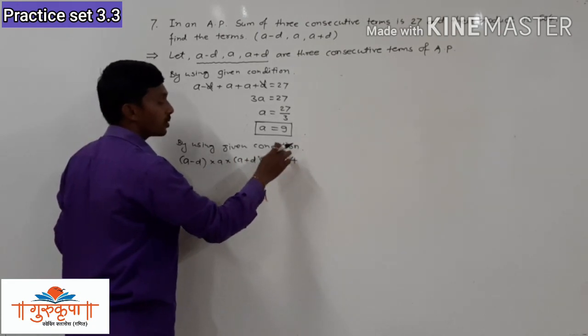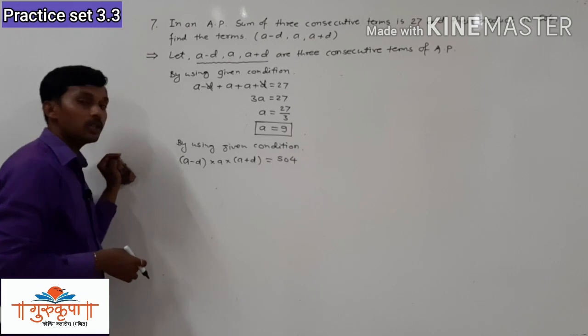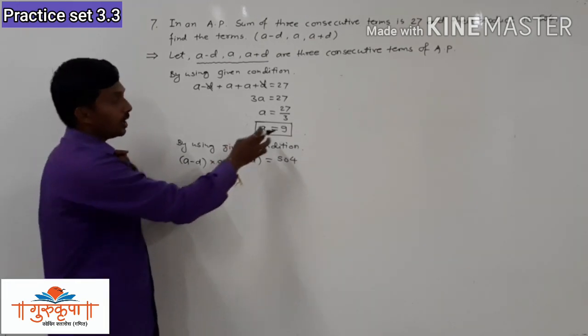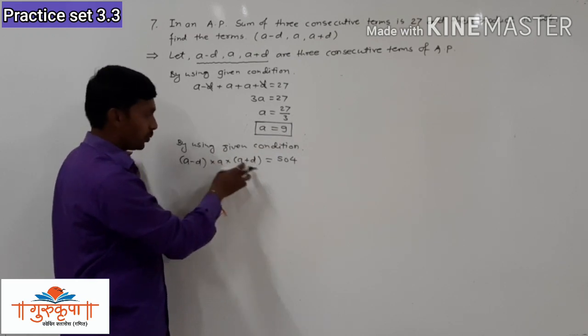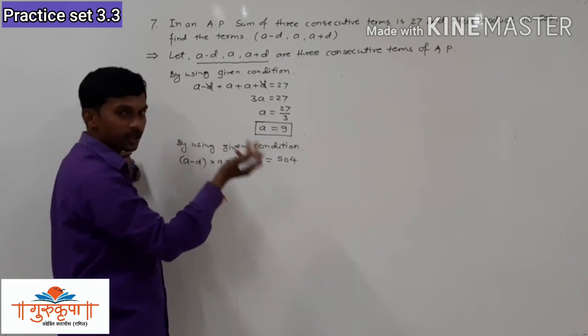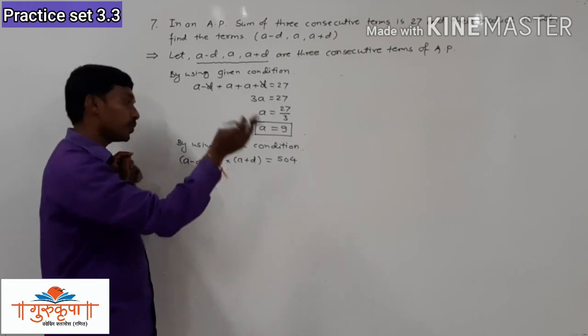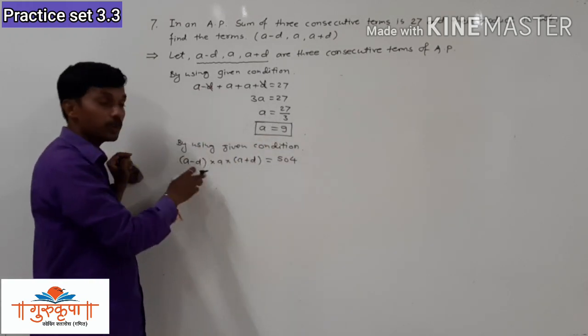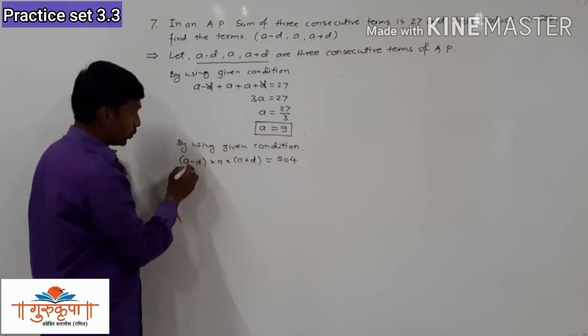That is the given information. You can put the value of a, or before putting the value of a, we can take the product of these 2 first.